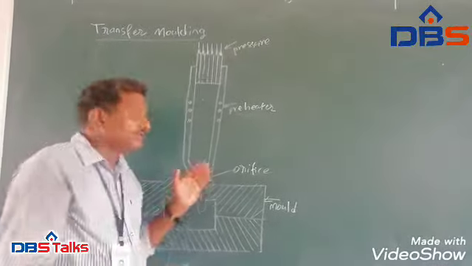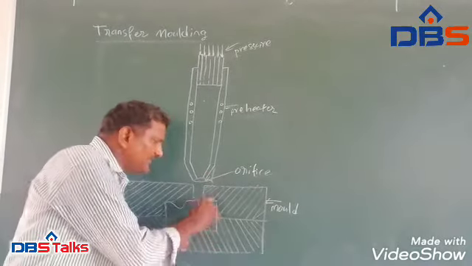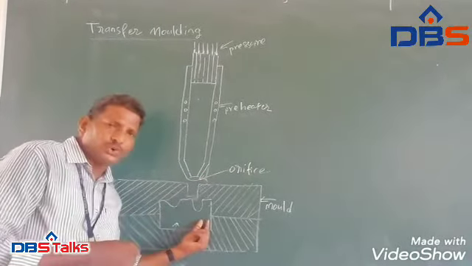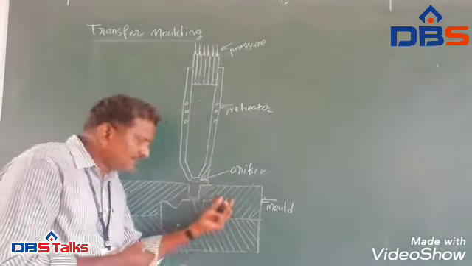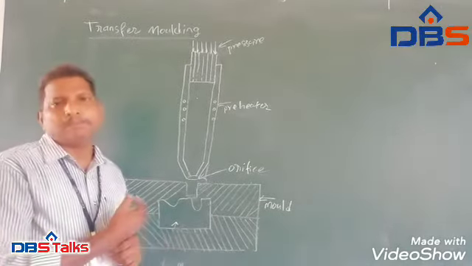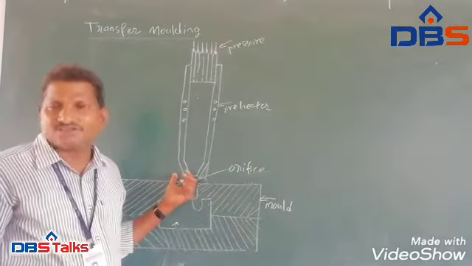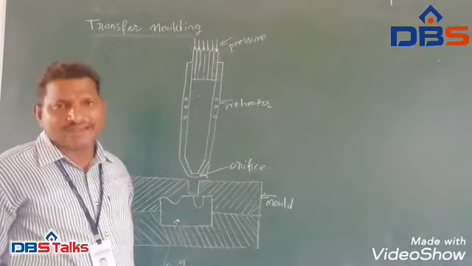This solidification time will depend upon the thickness of the produced good, the molding material, the temperature and the plastic material. All these factors will affect the production in transfer molding.